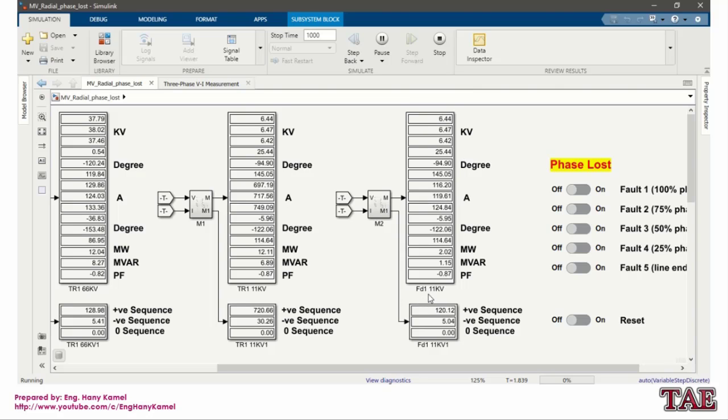This is the feeder number 1 11 kV side, with a few unbalance available, and load 2 megawatt 1 megavar. And we can see the positive sequence value, negative sequence value, and zero sequence. The negative sequence value is available because the load is unbalanced. Zero sequence is not available because the HV side of the distribution transformer is delta.